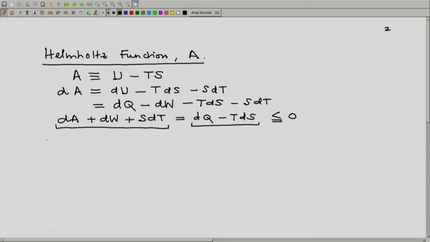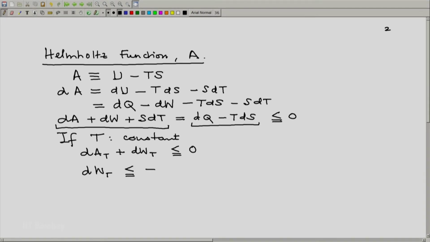And now consider a process in which T is constant, an isothermal process. In such a process you will get dA at constant T plus dW at constant T, T constant so dT will be 0, should be less than or equal to 0, or dW at constant T is less than or equal to minus dA at constant T. Now what have we concluded?